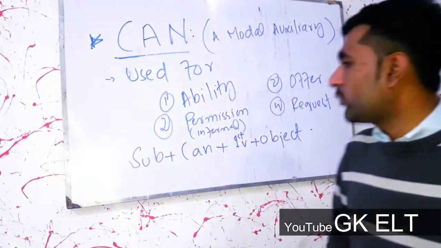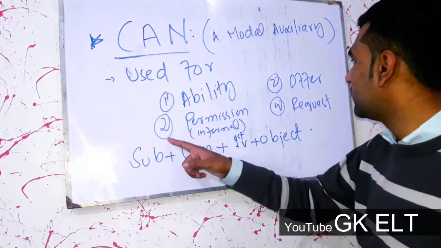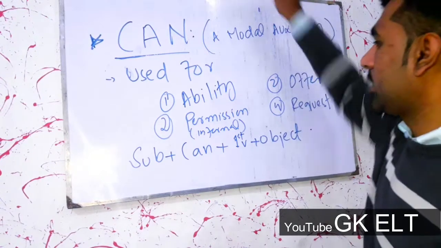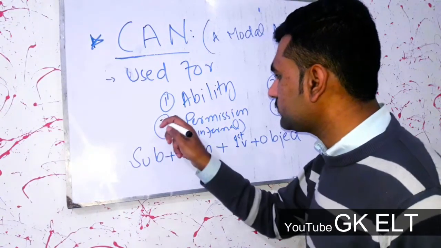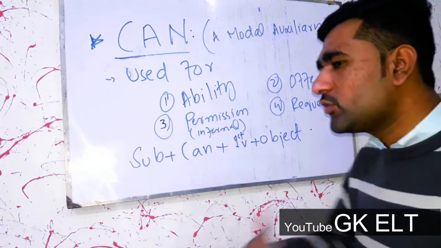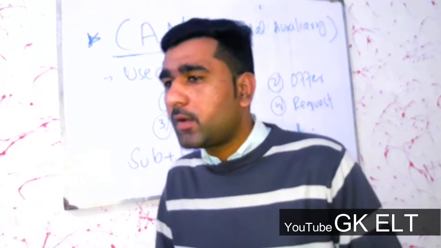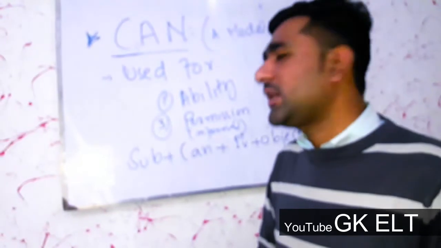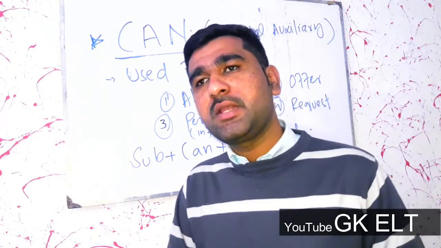Okay, the next one which we have is permission. Permission is the third one, I think I made a mistake, let me write it. Yes, we use it for permission, but actually it is an informal way, not a formal way. For example, can I get your ball pen?